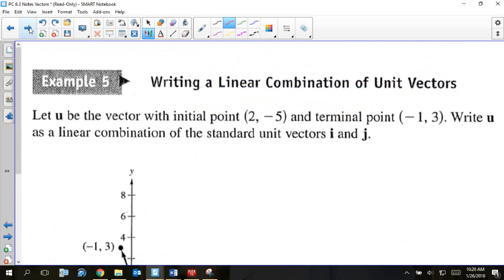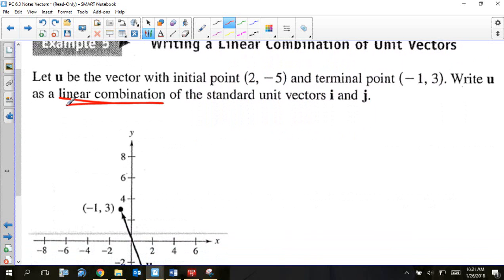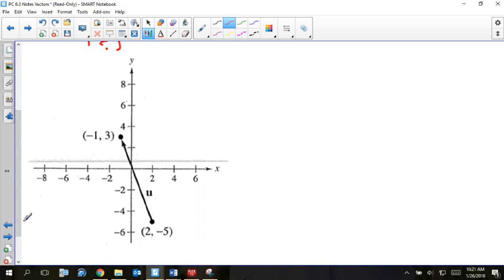So here they ask you to find a linear combination, that's the i and j thing, of the standard unit vector. Oh, they said it right there. Didn't need to write that. We're going to find the linear combination for this particular vector. So we look at the vector, and we need to know the component form of this vector. So to find the component form, you subtract the second x minus the first x.